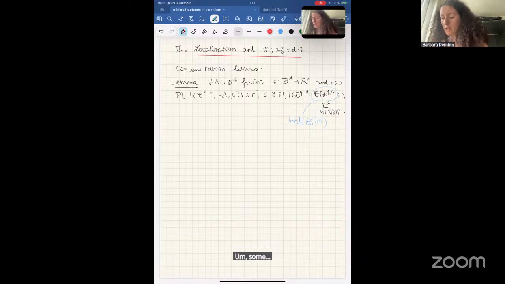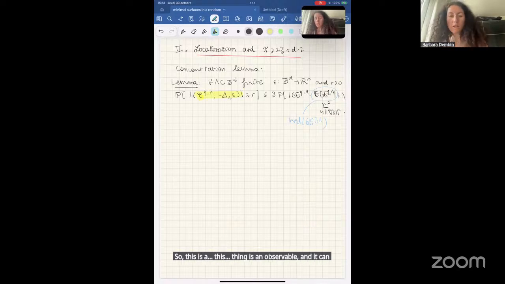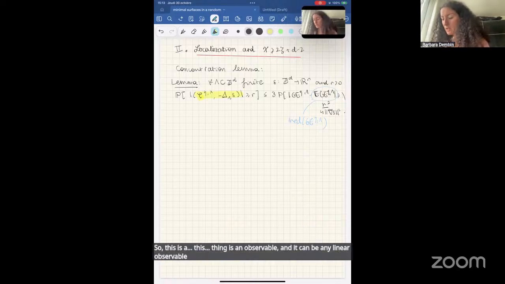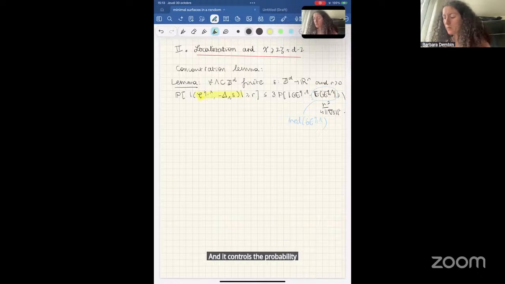S can be any function. So this thing is an observable, and it can be any linear observable of phi eta, because S can be anything. And it controls the probability that this observable is large by the probability that G minus its expectation, or G minus its median, is large.